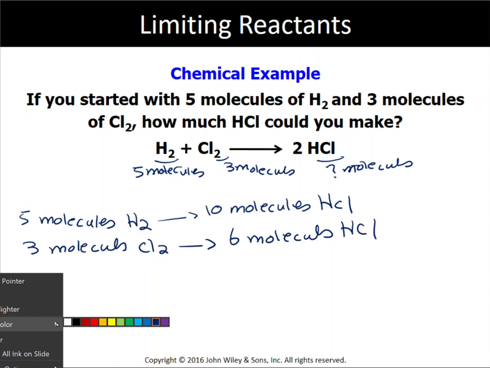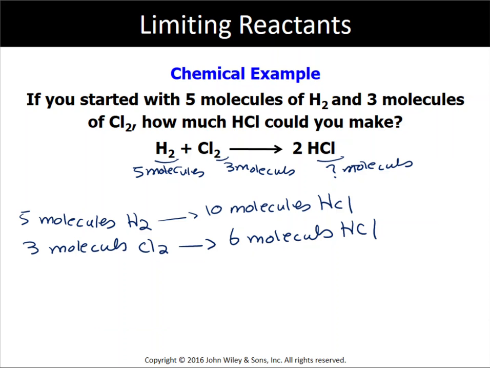Now, the reactant that gives you the fewest number of hydrochloric acid molecules is going to be your limiting reactant. So what I interpret from this is that Cl2 is my limiting reactant, and hydrogen is my excess reactant.